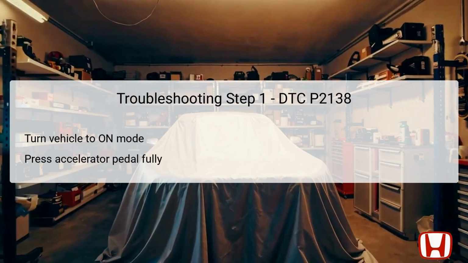This action helps the powertrain control module monitor the input from the accelerator pedal position sensors A and B. While performing this procedure, the HDS Honda Diagnostic System can be used to check real-time data, which will help confirm whether the sensors are transmitting accurate readings to the PCM.